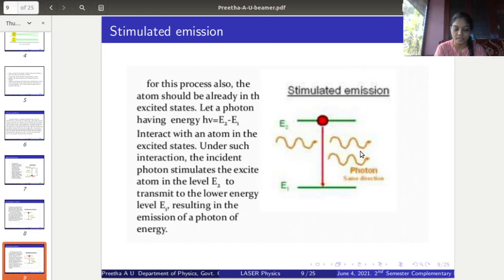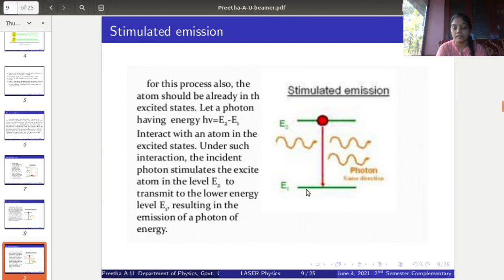The photon is said to stimulate or induce the excited atom to emit a photon of energy h nu. The passing photon does not disappear, and in addition to it, there is a second photon which is emitted by the excited atom. Thus two photons are released, each of energy h nu. So at the end, what happens? Two photons are emitted by the absorption of one photon.